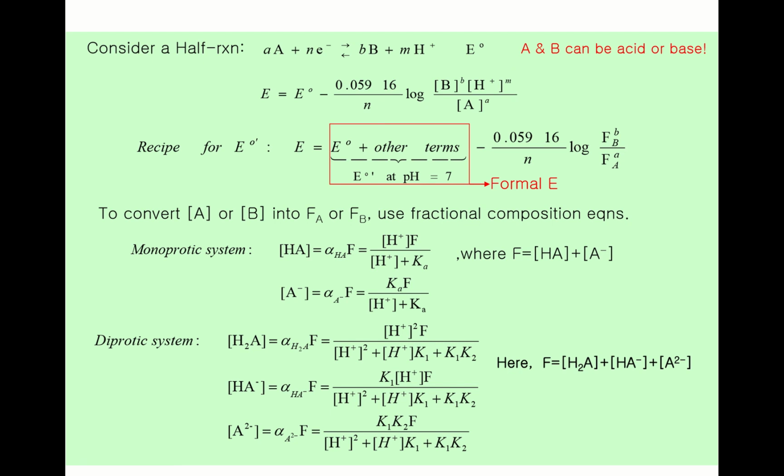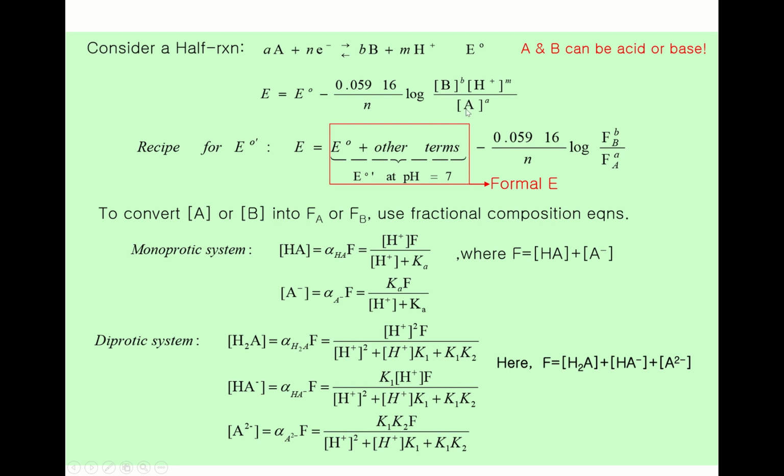This log term can be converted into this one and rewritten by expanding this part. We want to make the final equation the logarithm of formal concentration ratios, instead of equilibrium concentrations.